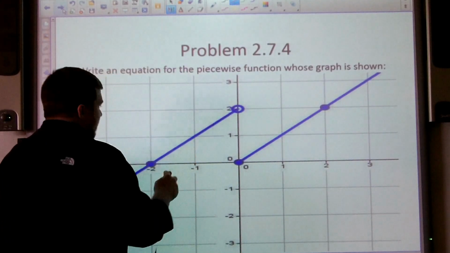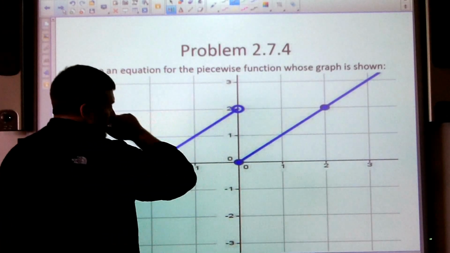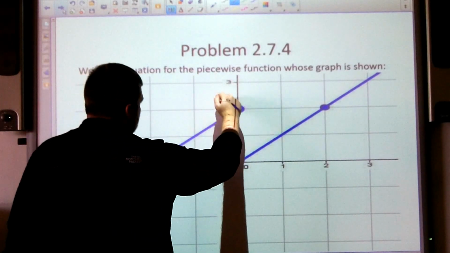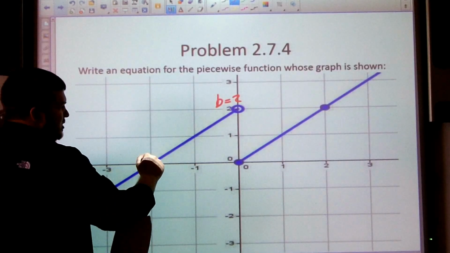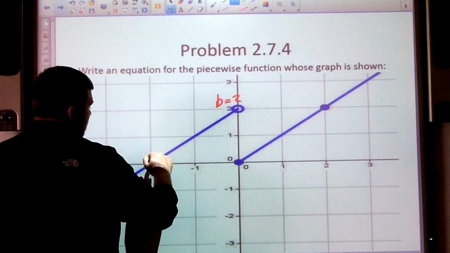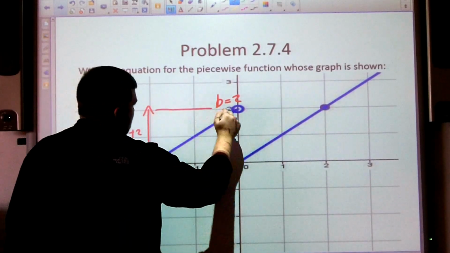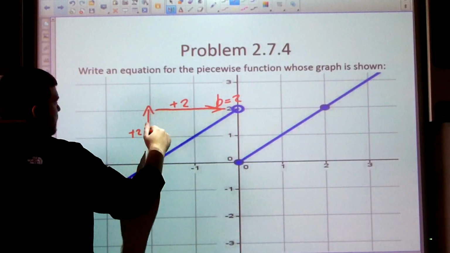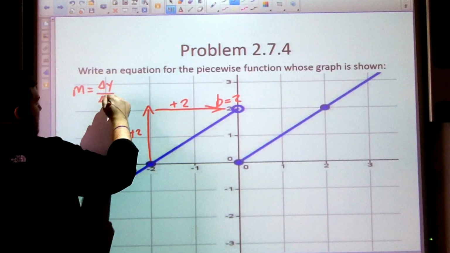So I'm going to look at this left line first. Well, my y-intercept for the line is given. It's right here at y equals 2, so this is b is equal to 2. And I can use that point and this nice point right here to find my slope. So I go from left to right, so I go up 2, and I go to the right 2. So remember, my slope is just a change in y over the change in x.